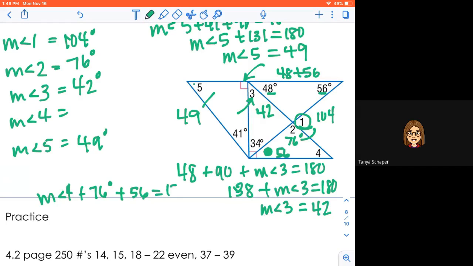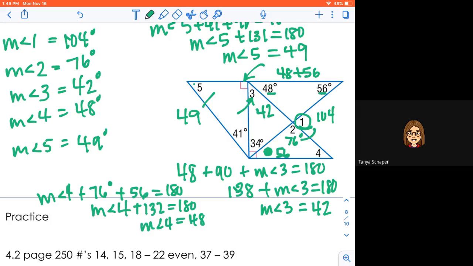I'm showing all of these steps. I know some of you want to do this in your head. I get it. And I'm an awful mind reader. So I really need your help with making sure that we get this down on paper. So the measurement of angle 4 plus 76 plus 56 is 132, equal to 180. So the measurement of angle 4 is equal to 48 degrees.